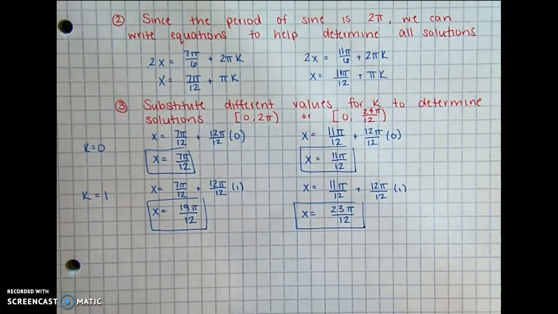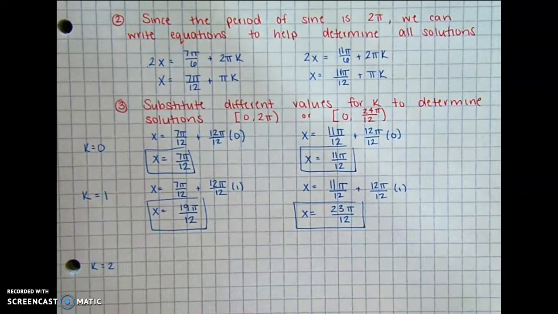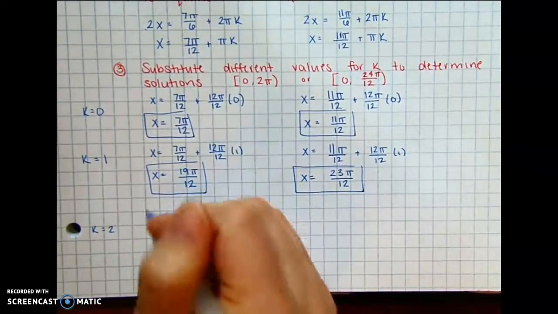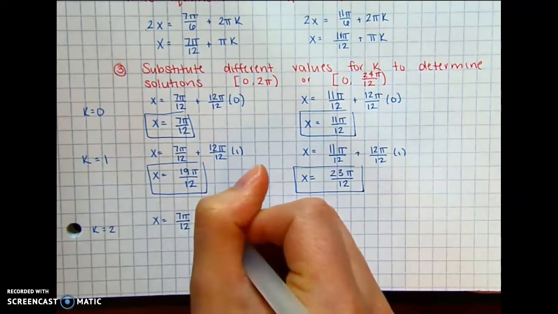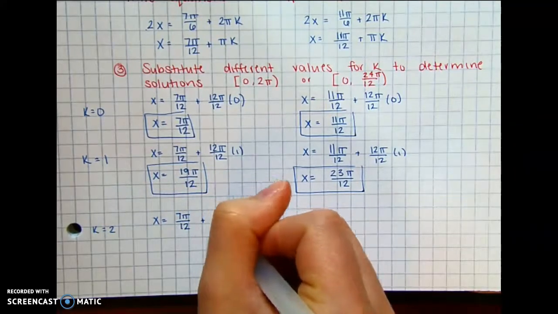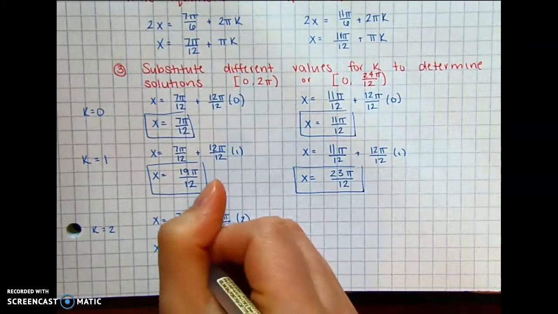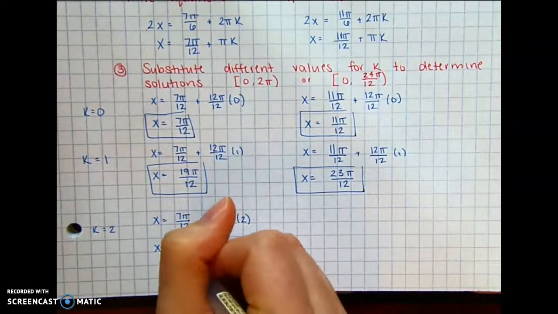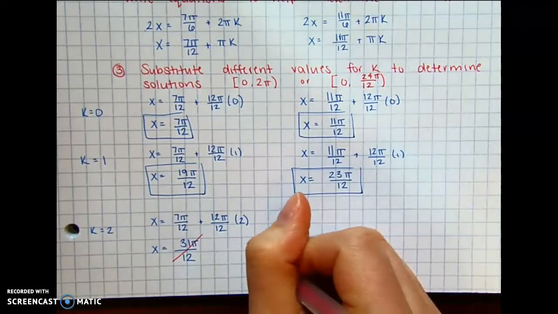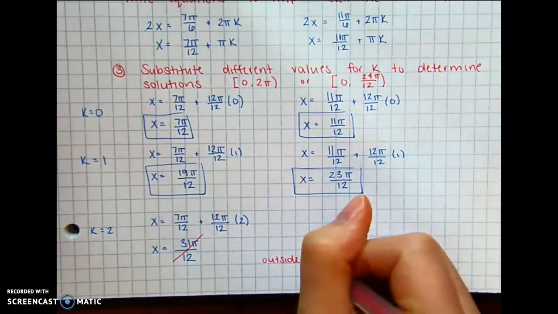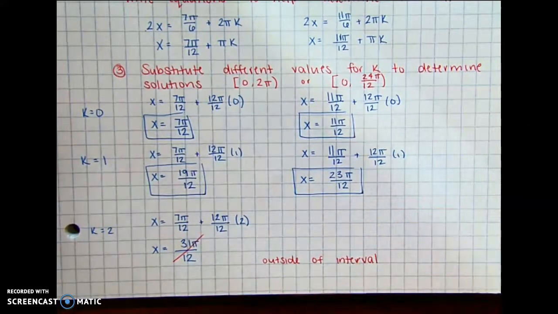If you wanted to check we could go further and say k equals 2, but because this is 23 pi over 12, it's unlikely. But maybe for this one, we have another angle, and we get 31 pi over 12, and that's outside of the interval, so we can just stop there.